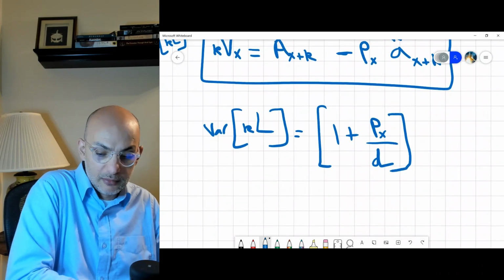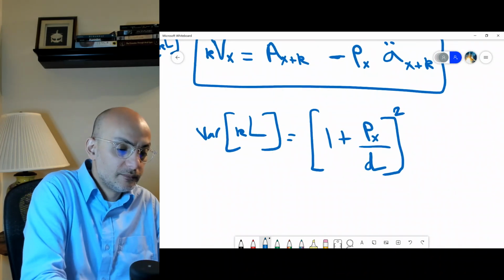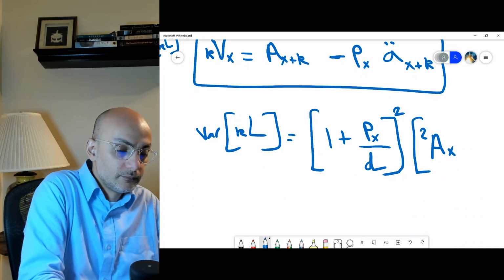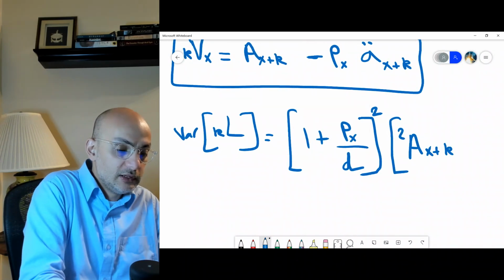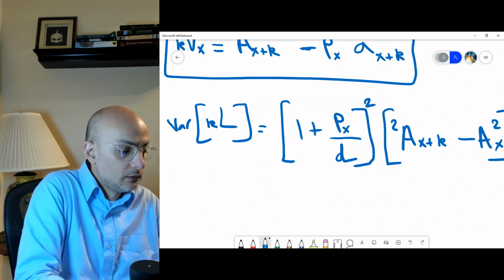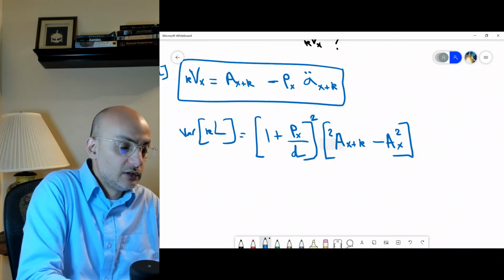It's very important to keep this in mind. Raised to 2. Now the second moment, 2Ax plus k discrete, minus Ax plus k squared. Those are very important formulas that you need to remember, right?